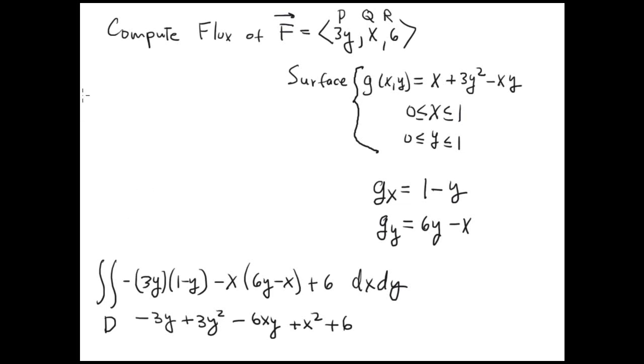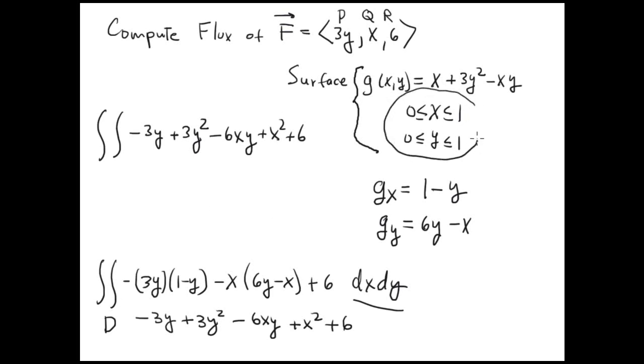Therefore, our double integral is minus 3y plus 3y squared minus 6xy plus x squared plus 6 dA, no? What is the D region? This is the D region, the shadow, the projection here.